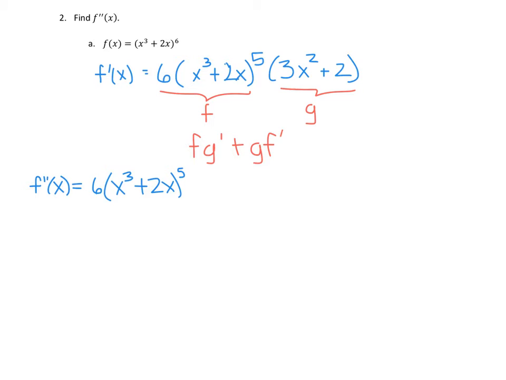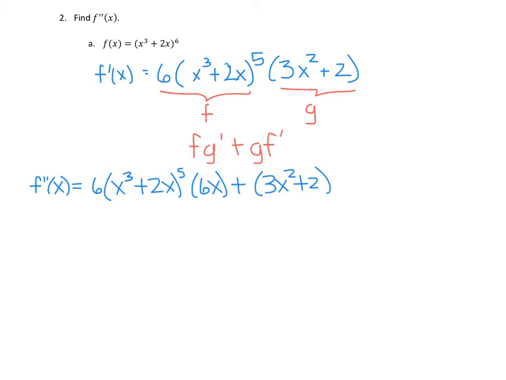So I'm just copying down the first one there. Now times g prime, so take the derivative of the second. So the derivative of 3x squared plus 2 is a 6x. Now plus g, so we have a 3x squared plus 2 times f prime.